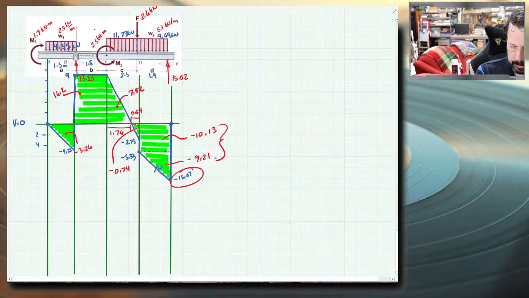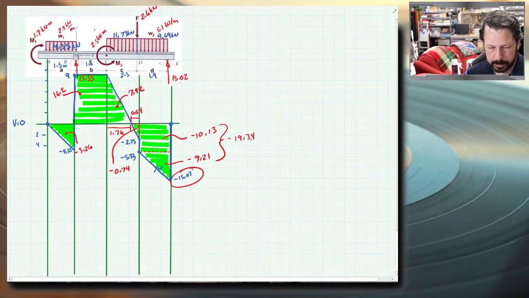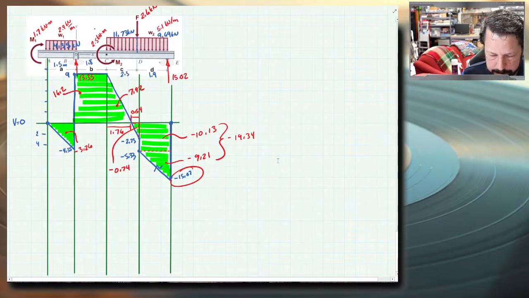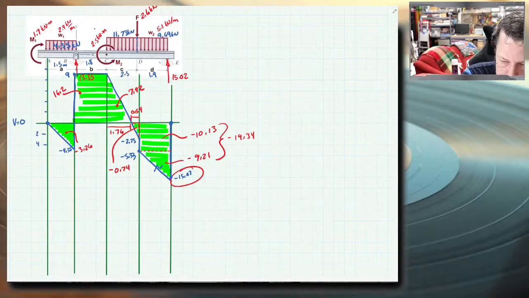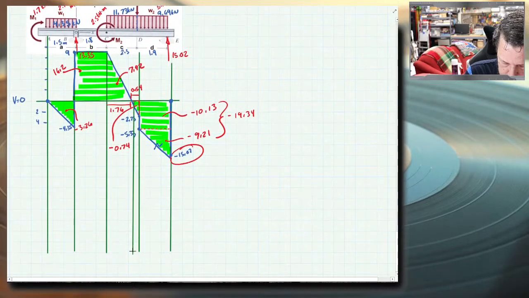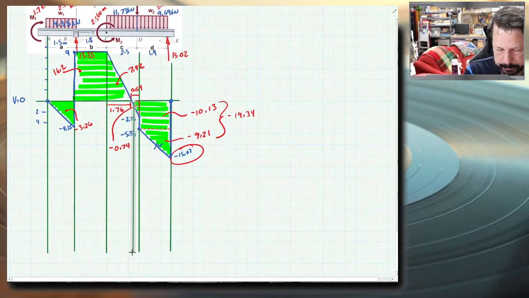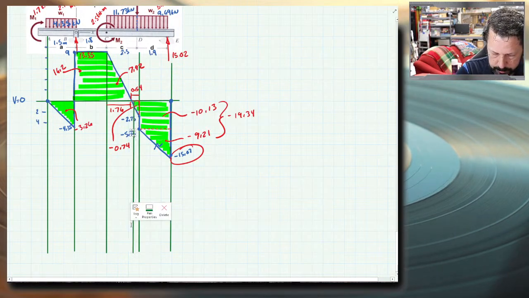So the total area here, we add both of those together. 9.21 plus 10.13, negative 19.34. Okay, let's go ahead and add our extra little reference line where we have that sitting.